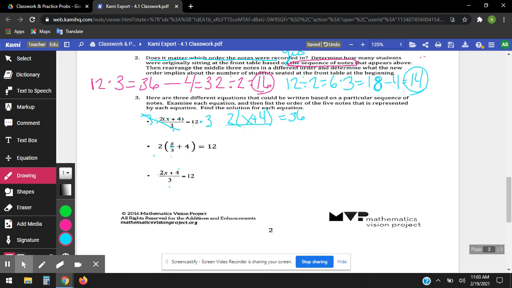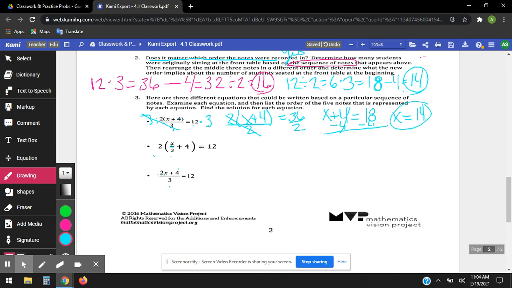To undo a double, I need to divide by 2. These cancel. This leaves me x plus 4, I don't need the parentheses anymore because that's all that's left, equals 18. And then if I want to undo that plus 4, I need to minus 4, those cancel, x equals 14.